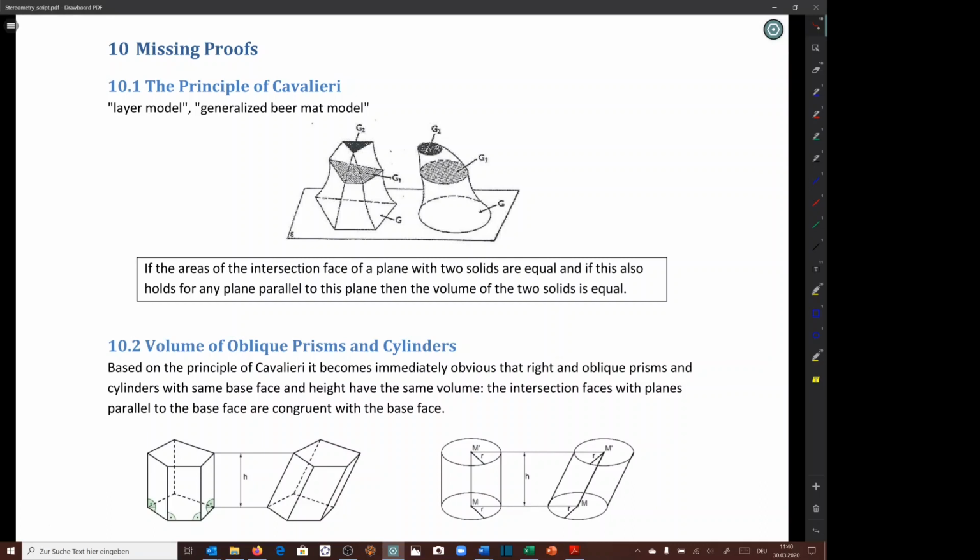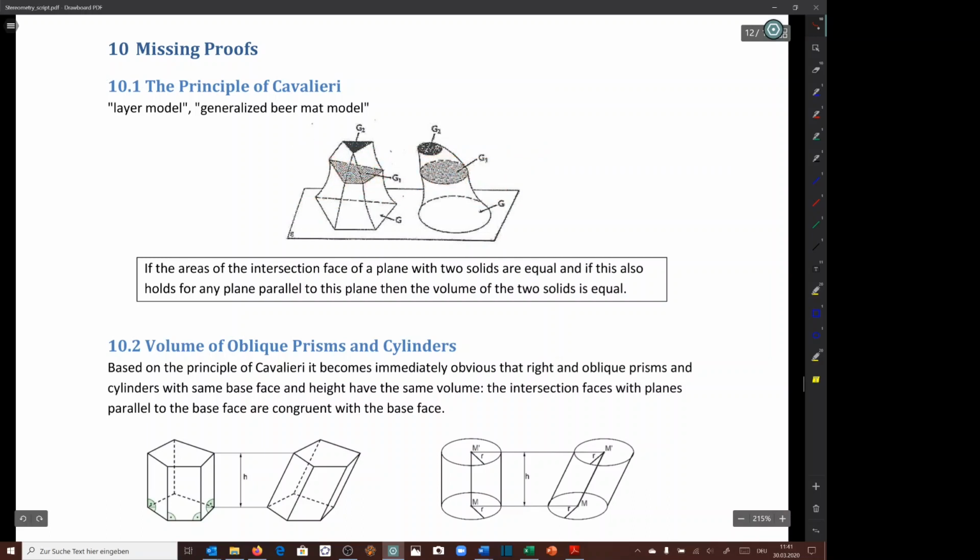The idea is the following: we have two solids, they have the same height, and their base face area is the same. We put them on the same base plane, and then we cut through both of the solids with a plane parallel to the base plane. And we'll look now at the intersection area that we get in both solids.